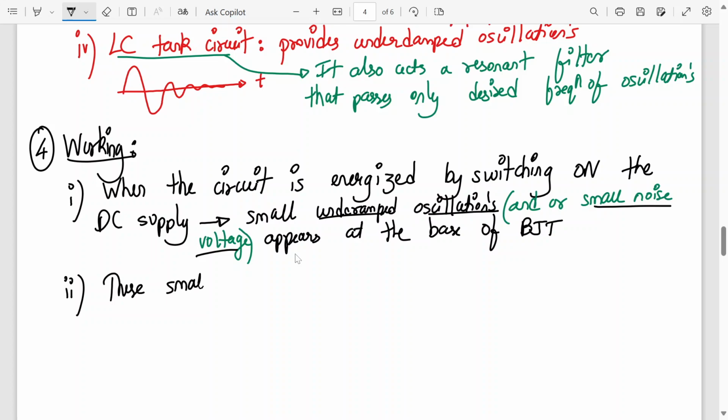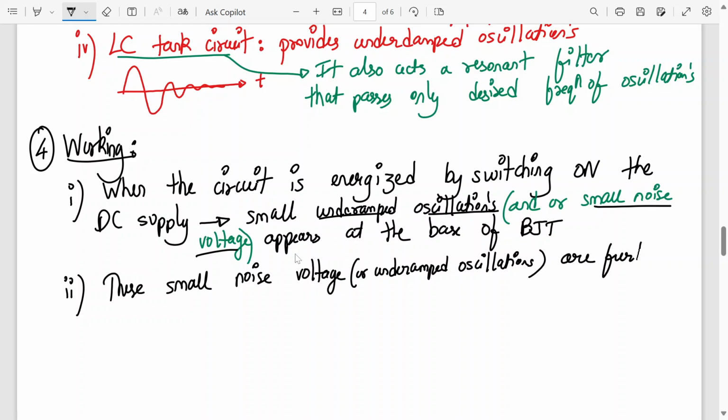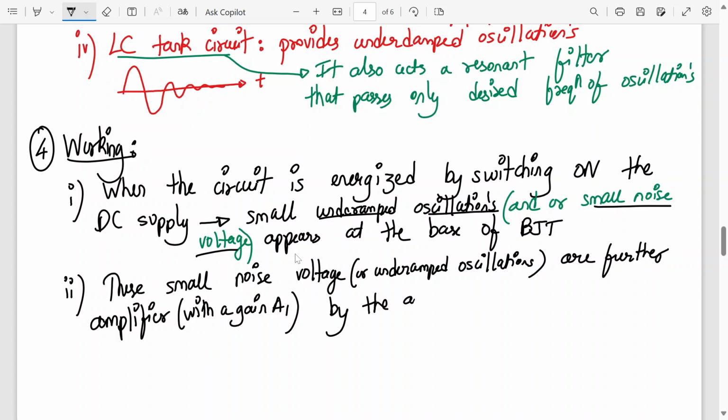These small noise voltage or underdamped oscillations are further amplified. To amplify, it will amplify with a gain A1 by the amplifier.